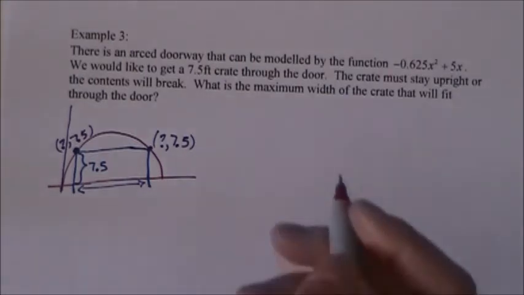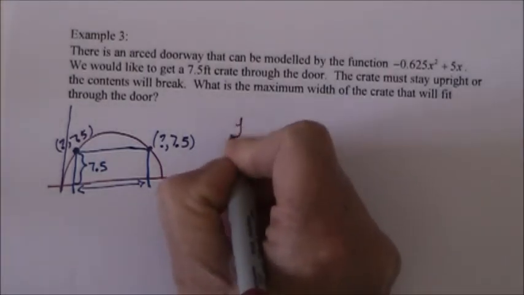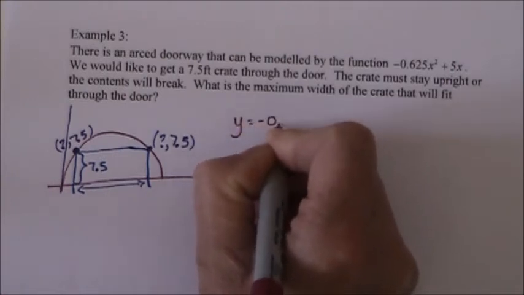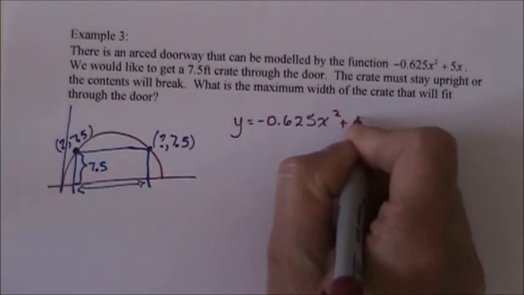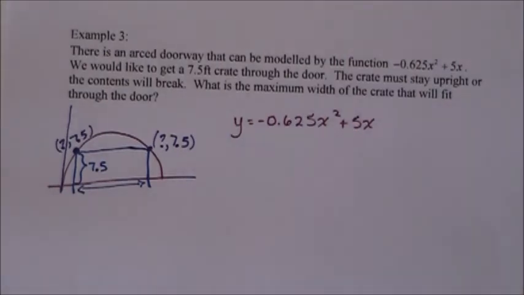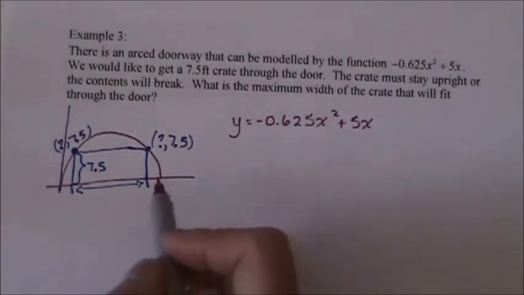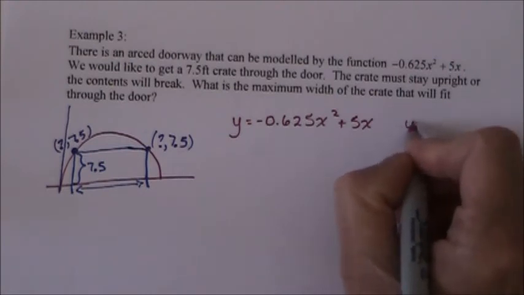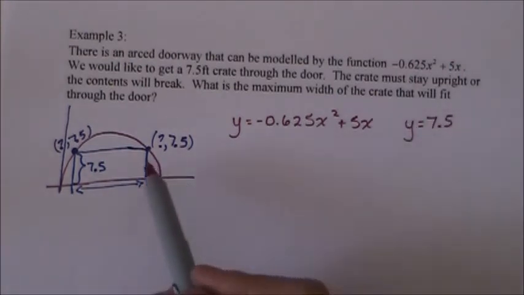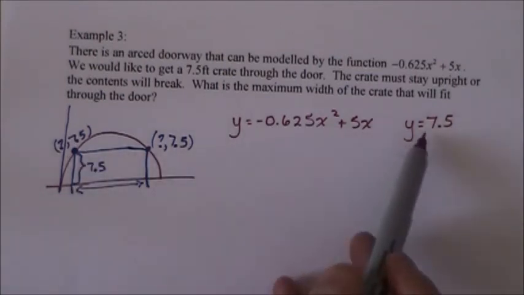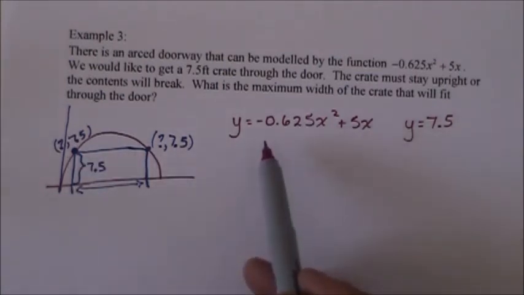We have two pieces of information. We have our equation, so we know that y is equal to negative 0.625x squared plus 5x. We also know that the height of our crate was equal to 7.5. We want to know where the two will touch, so that would be where these two equations intersect.